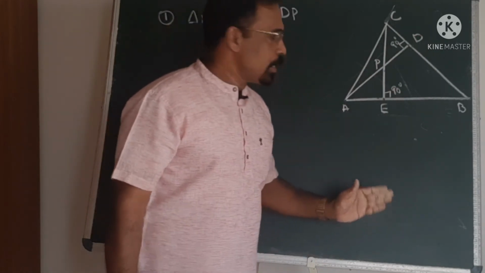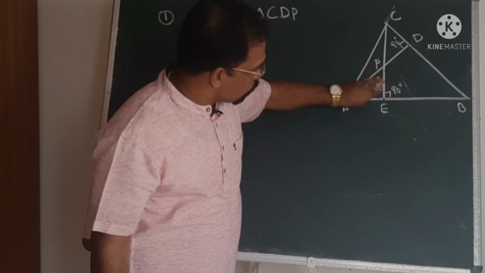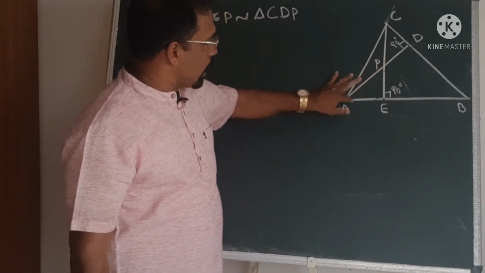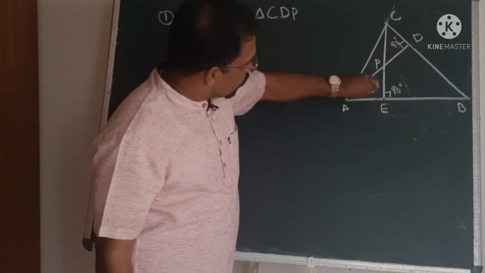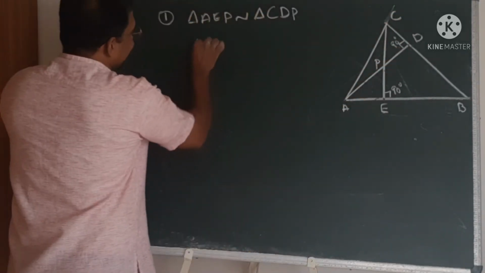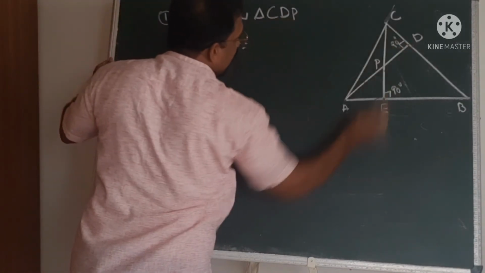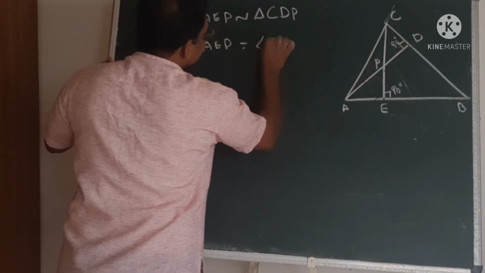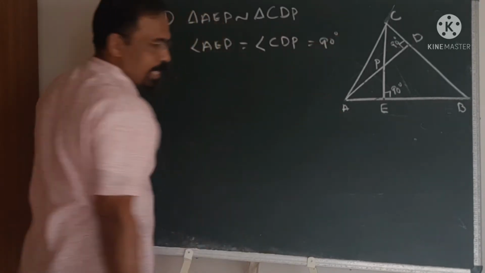In the first case, we have to prove that triangle AEP, this small triangle, is similar to triangle CDP, this one. Now, consider these two triangles. Angle AEP is equal to angle CDP. They are 90 degrees, so they are equal.